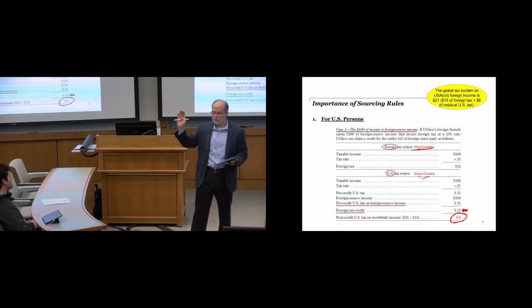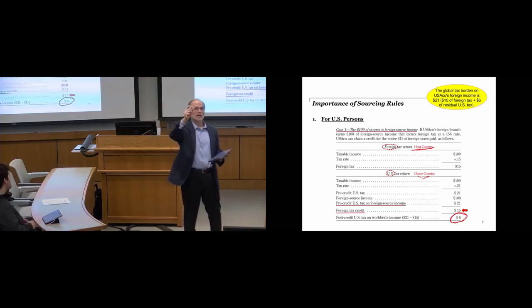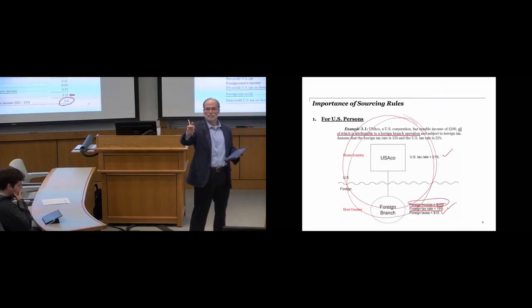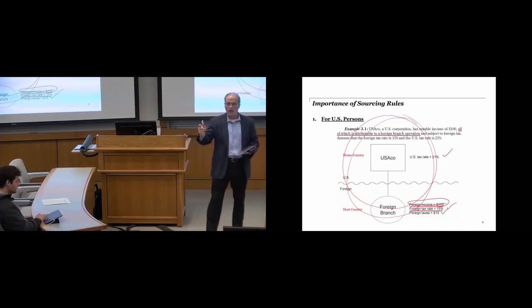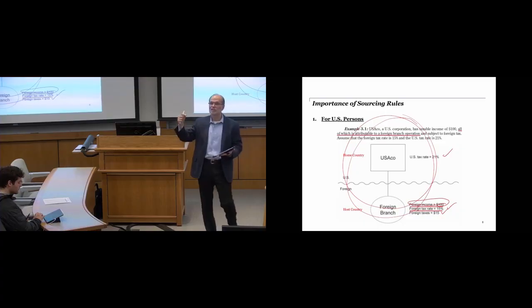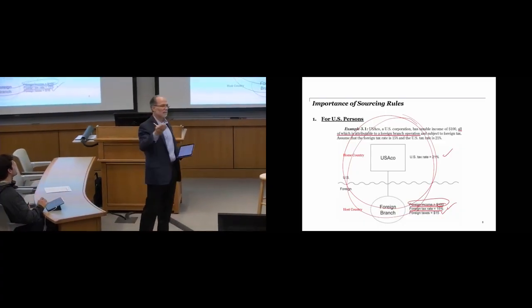So incrementally or residually, some people call it, I call it residual tax, you have to write a check to the U.S. government for the delta to get up to 21%. This is when the foreign tax credit works well. I do alleviate the double taxation on this, but I'm not capped at the host country tax rate. I get topped up to the U.S. tax rate of 21. Okay, thank you.